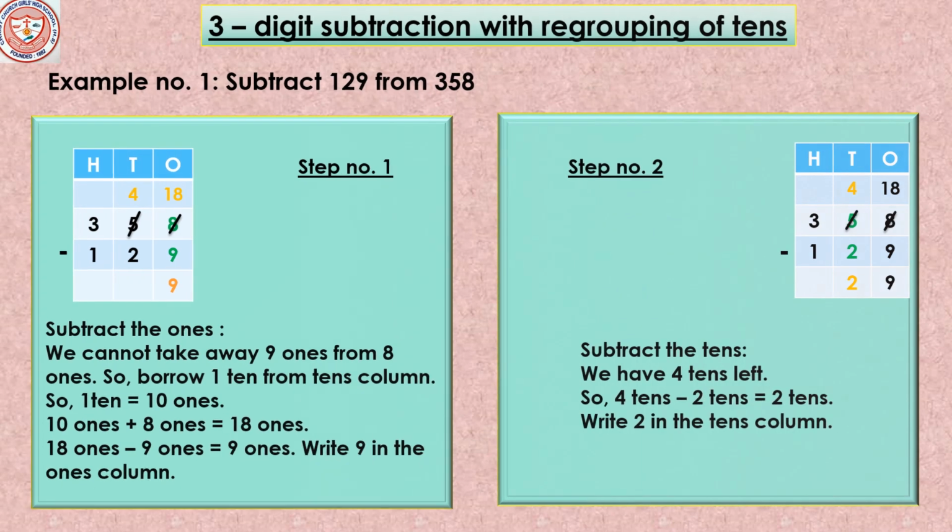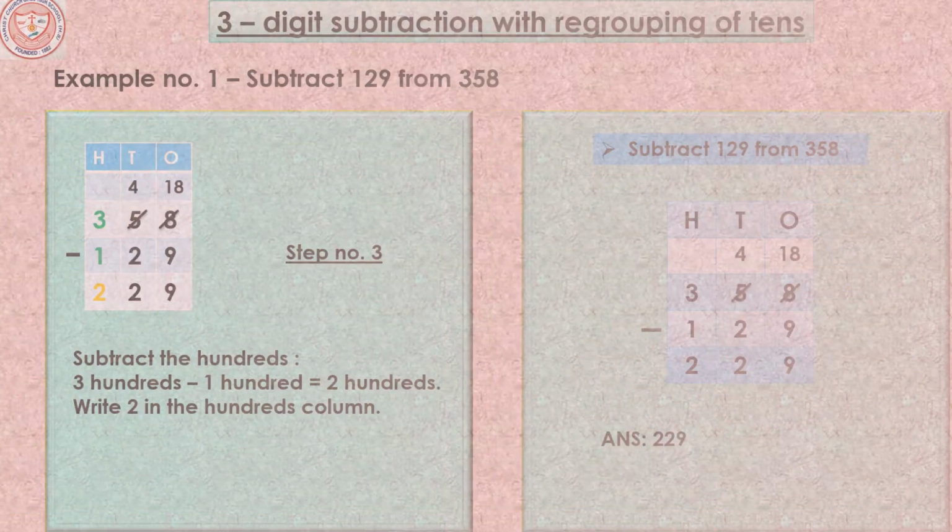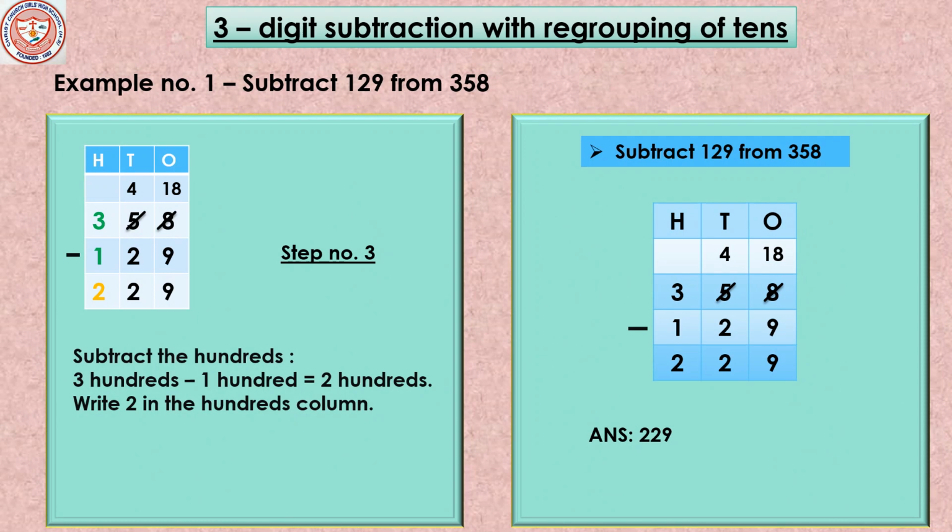Now, step number 3. Subtract the hundreds. In this problem, there are 3 hundreds and 1 hundred in the hundreds column. We have to subtract 1 hundred from 3 hundreds, and we know that it is possible because 3 is bigger than 1. So, 3 hundreds minus 1 hundred is equal to 2 hundreds.